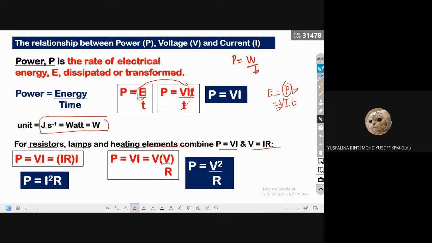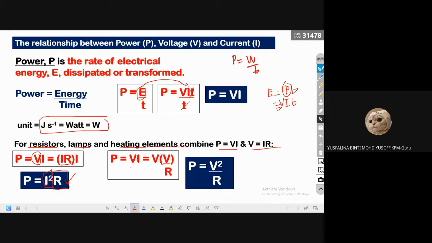If you want to find the energy, we use P is equal to VI, then V is equal to IR. So I times I gives I square, times R. So P is equal to I square R. That's how we derive this formula. This is the energy loss, or power loss.